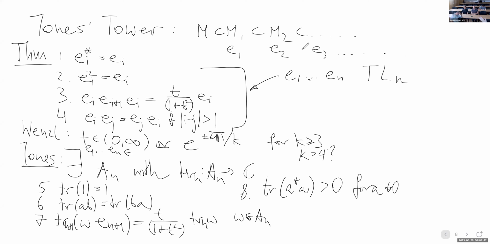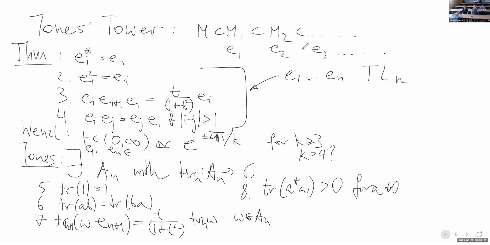In homological algebra, I have one object and I describe it by an infinite sequence of simpler objects. I have this inclusion, and then I iterate this inclusion and create a tower of objects, which are more and more complicated.